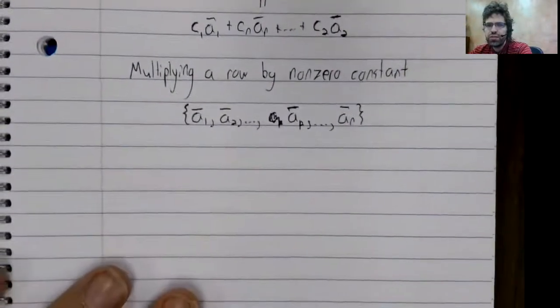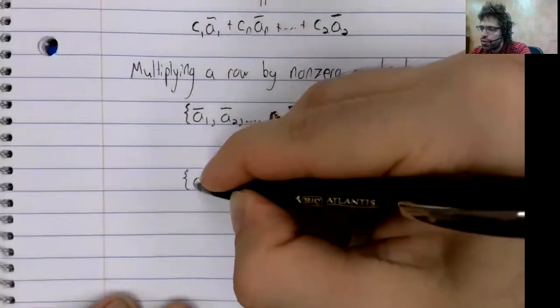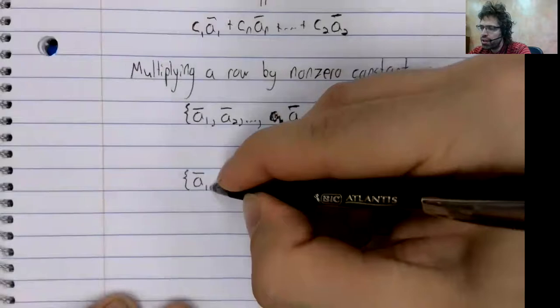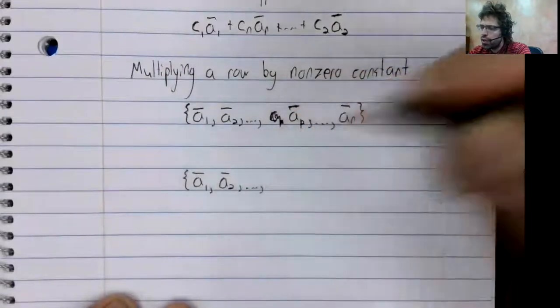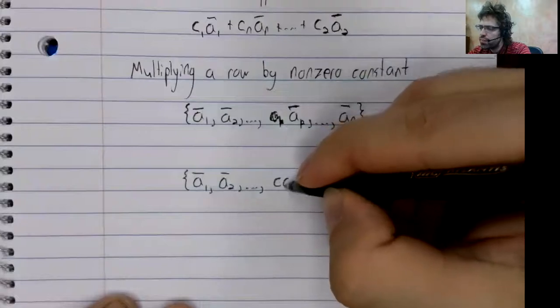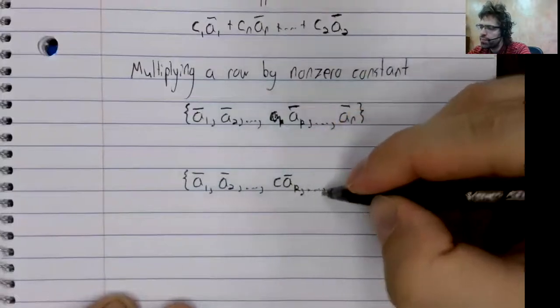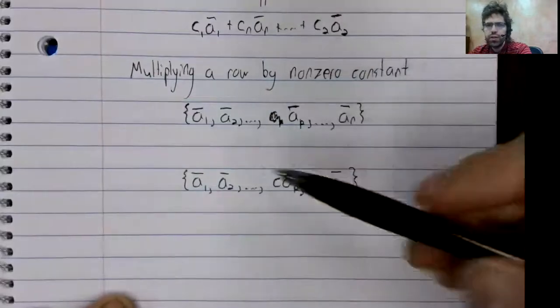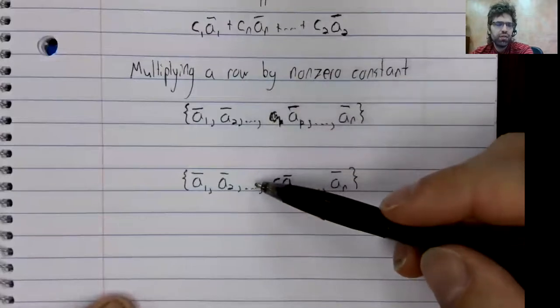And then let's say that we multiply that row by a constant C. And it's our claim that the span of these vectors and the span of these vectors are the same.